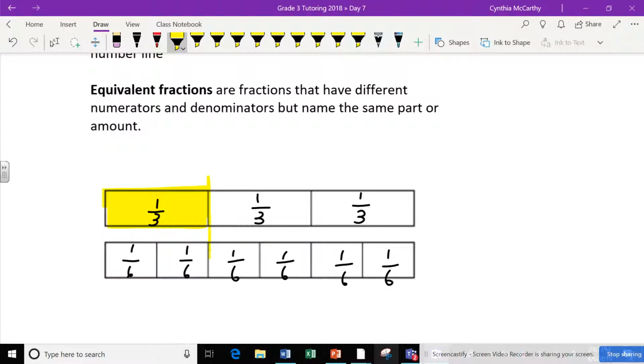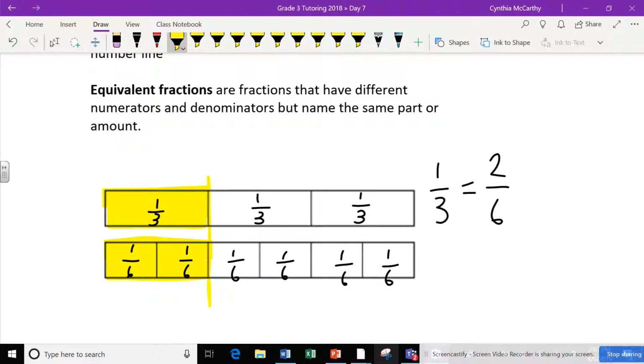I can carry this line straight down and I can now shade in these 2/6. I know that 1/3 is equivalent to or equal to 2/6.